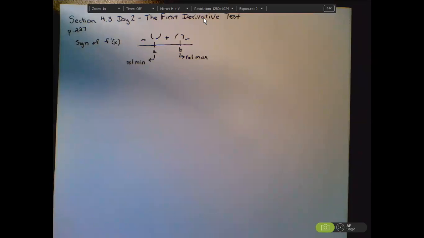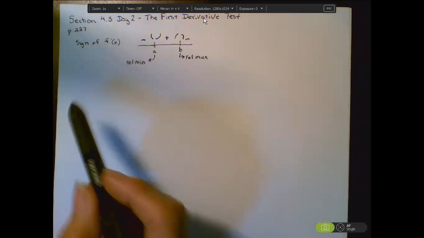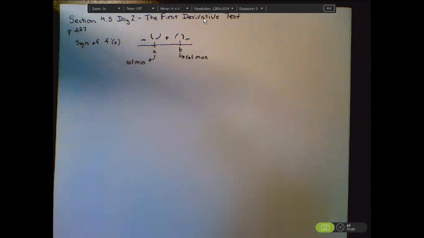These problems in 4.6 are going to have parts A, B, C, D, E, F, G, probably H through P. Some of the parts are going to be: tell where the function's increasing, tell where the function's decreasing, give the points where the function has a relative max, give the points where it has a relative min, find the domain, find the vertical asymptotes. All of those things will be parts of the problem in 4.6.